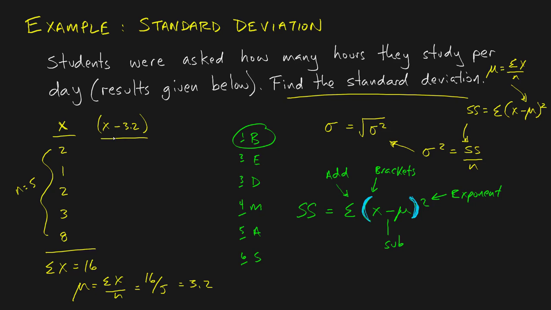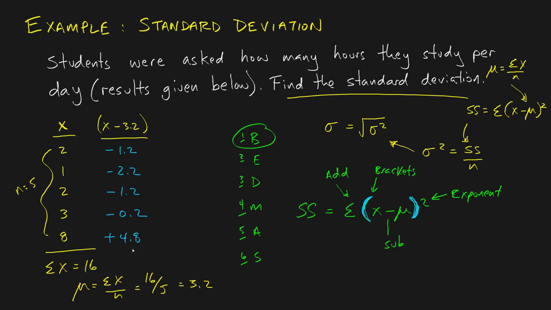It's x minus the mean, each x minus 3.2, and so that's going to be 2 minus 3.2, that's negative 1.2. 1 minus 3.2 is negative 2.2. Negative 1.2, 3 minus 3.2 is negative 0.2, and 8 minus 3.2 is positive 4.8.